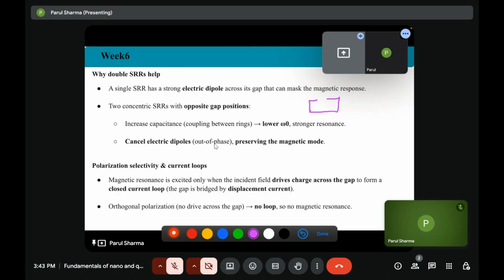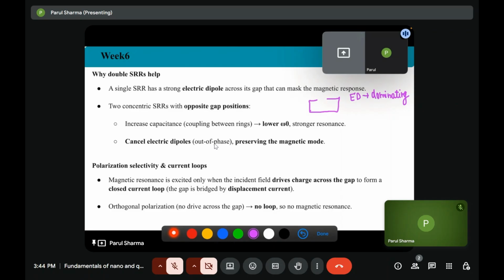But we saw in the previous lectures that in this case we have only the electric dipole, and it is dominant. There was a magnetic dipole, but it was very weak. Mainly the component was the electric field.